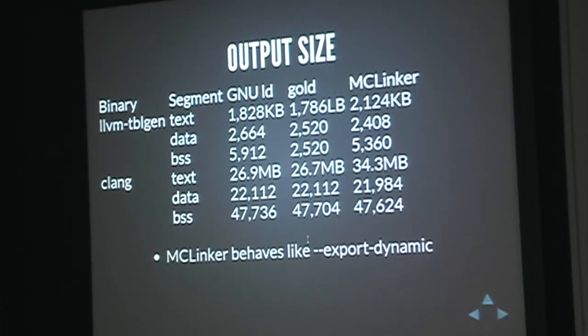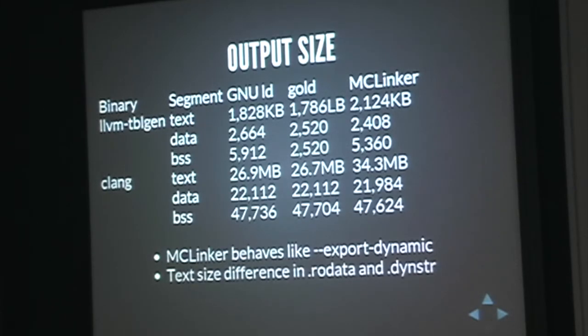The first part is that MCLinker currently still works as if export-dynamic is provided, so the dynamic symbol table is much larger than in both GNU-LD and Gold. If you look at the text size in detail, that's one major part for Clang that accounts for 2 megabytes of the difference. The other part is the size of the read-only data section.